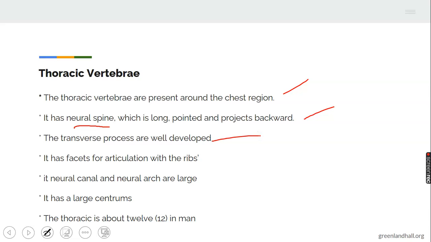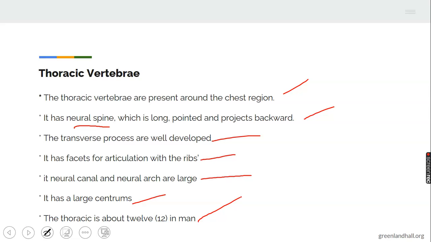It also has facets that articulate with the ribs. The neural canal and neural arc are large. It also has centrum, and the thoracic are about 12 in man.